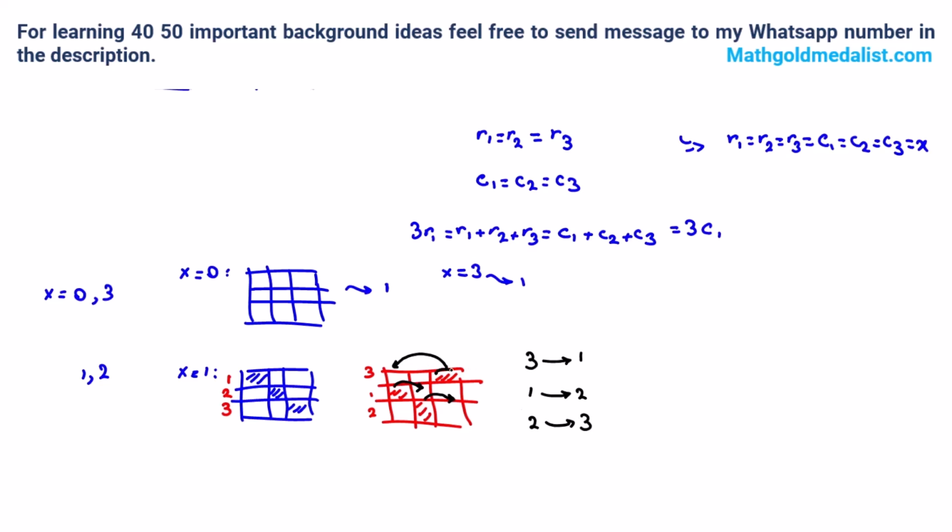Because in the third column, we have only one black, so it has one out degree, and only one black should go to the third column because we want to reach these. We have only one black in the third column, so it has only one in degree. And because we have one in degree and one out degree, it creates a permutation. You can say, okay, 3 goes to 1, 1 goes to 2, 2 goes to 3.